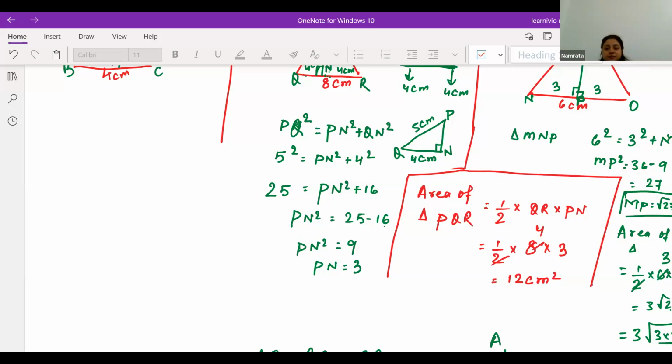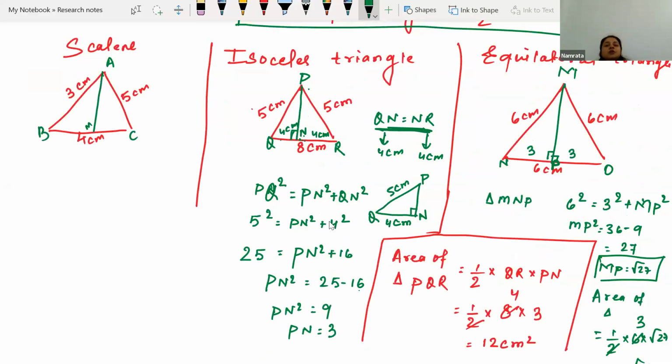After getting the height, we just do the calculation to get the area. Now we calculated the area of the isosceles triangle by the older formula only. We calculated the area of the equilateral triangle by the older formula only. How do we find the area of a scalene triangle?